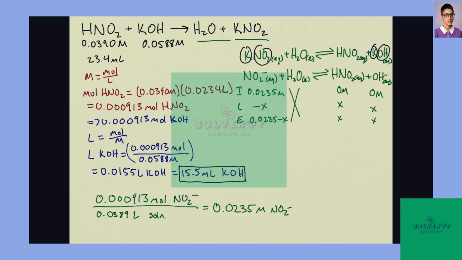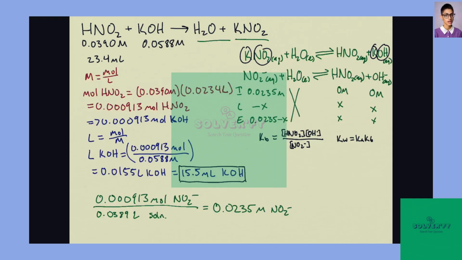Now we know that the Kb of NO2 minus is equal to the concentration of HNO2 times the concentration of OH minus over the concentration of NO2 minus. And we also know that Kw is equal to Ka times Kb.